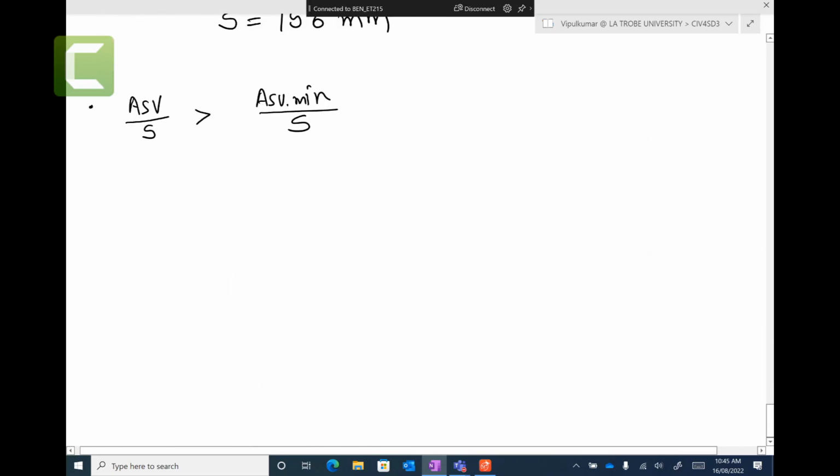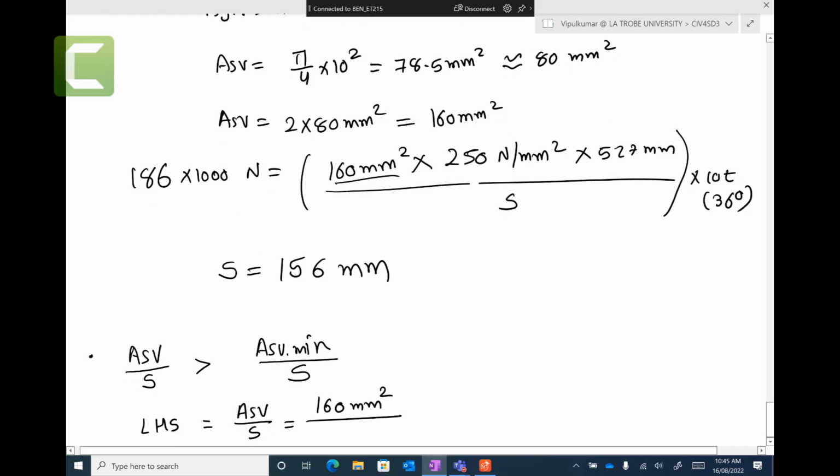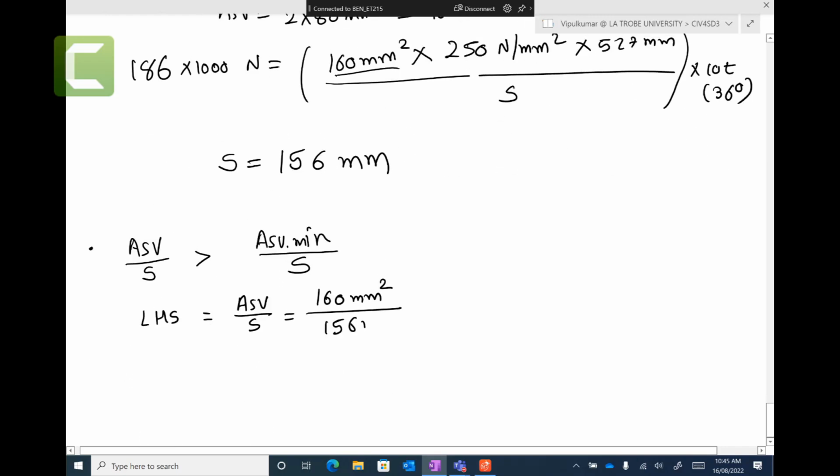So let's do this. Left hand side is equal to ASV on S, which is 160 millimeters square, over spacing 156 millimeters. So 160 over 156, you get 1.03.